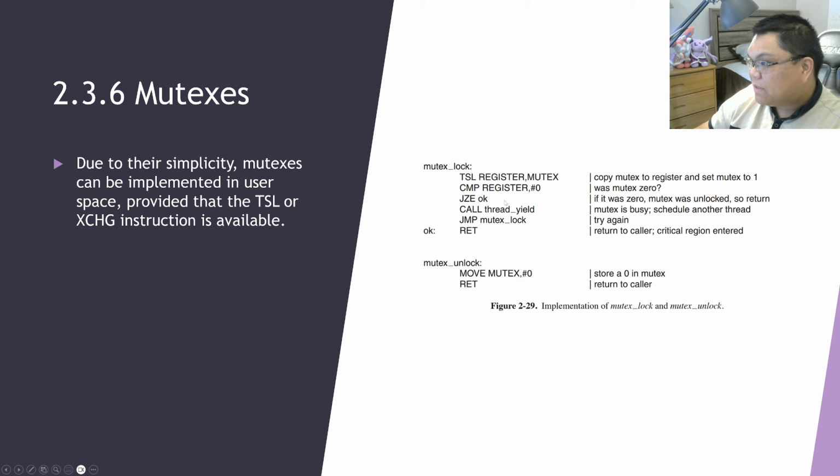Jump if it was 0, the mutex was unlocked, so jump to OK and return to caller, critical section entered. If not, call thread yield, the mutex is busy, schedule another thread, and then try again later. Jump back to mutex lock, and then return to caller when we're ready to go again. And then mutex unlock: move a 0 into the mutex, and then return to caller.